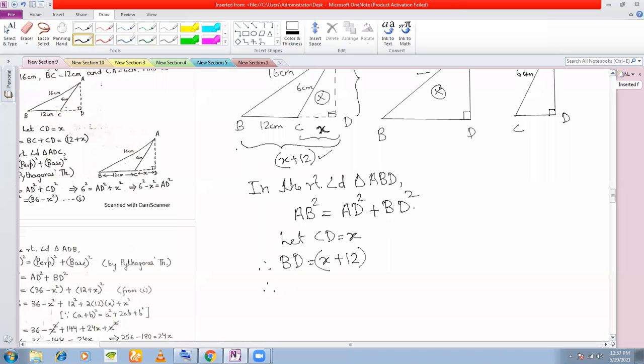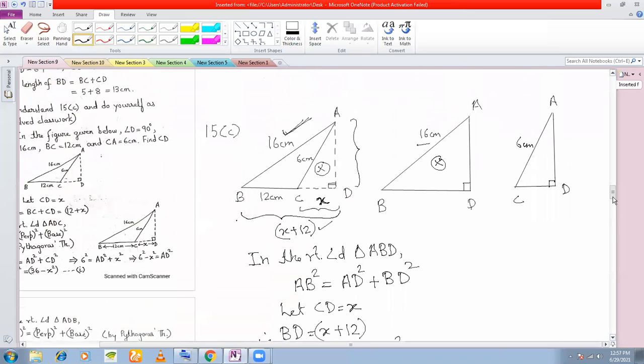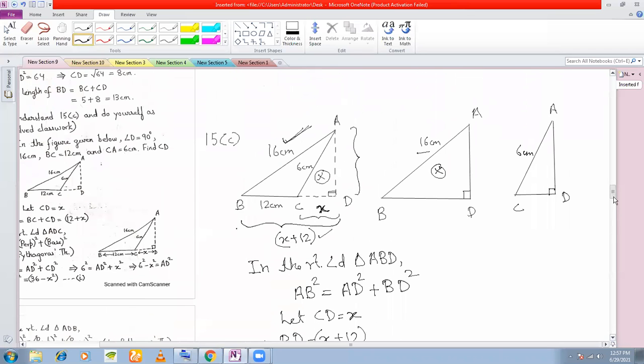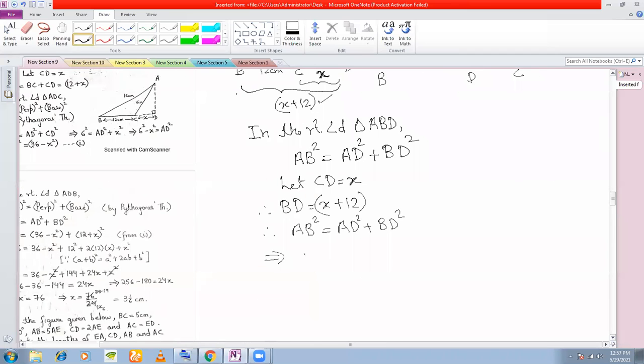So therefore, what can you write from here? AB square is equal to AD square plus BD square. How much is AB here? If you look at the diagram, AB here is 16 given to you, right? 16 square is equal to AD.